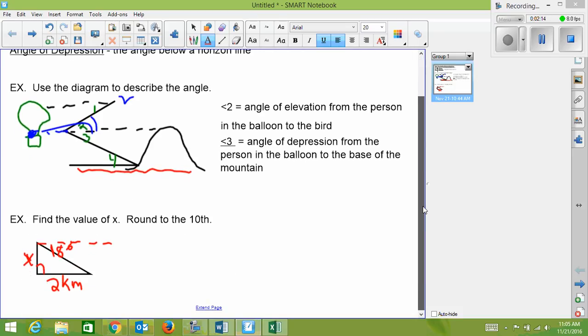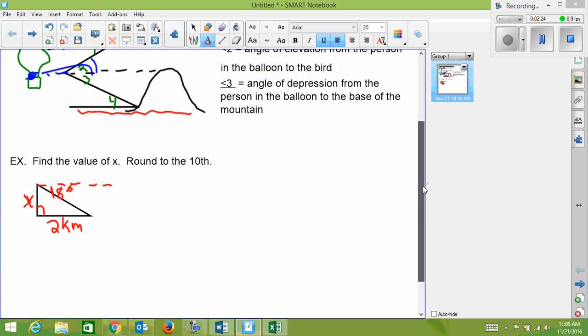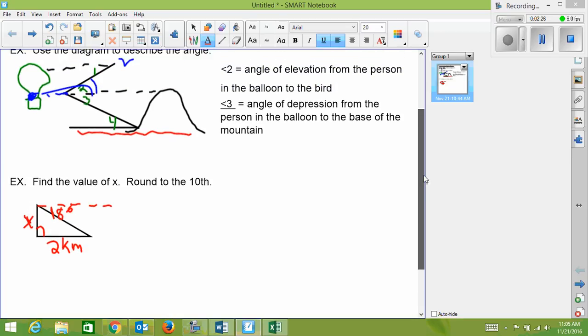For my other example here, I just have find the value of x, and you're going to round it to the nearest tenth, keeping in mind the formulas that we learned yesterday for sine, cosine, and tangent. To be able to find x, I need to first look at this angle.